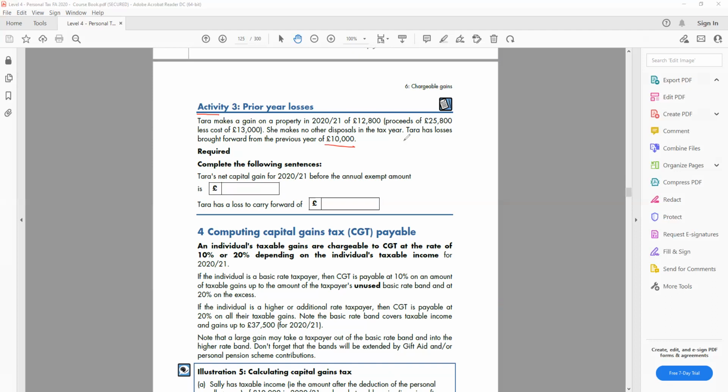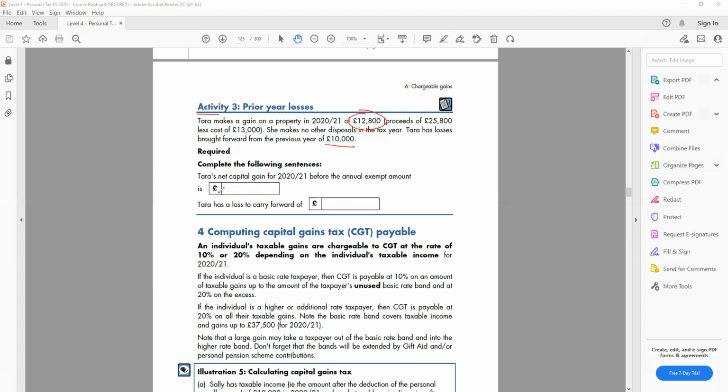So the question here is Tara's net capital gain for 2021 before the annual exemption. So before the annual exemption, how much is the net gain? The net gain is already given in the question, 12,800.